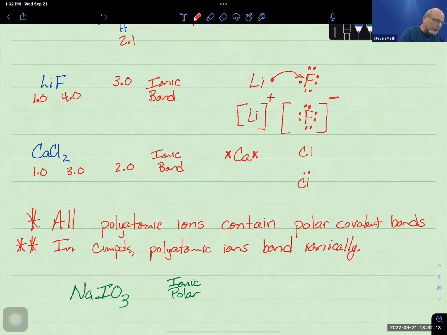Now, each one of those chlorines has 7 electrons. Most of you can see if I put one of those electrons with that chlorine and one with that chlorine, the chlorines will have a stable octet. And so that's what I'm going to do.